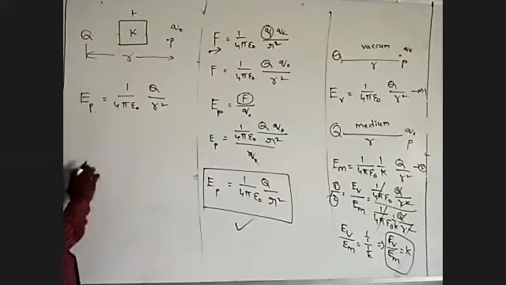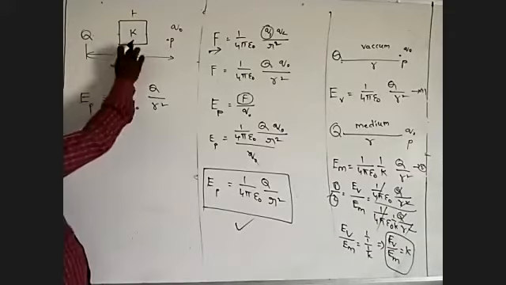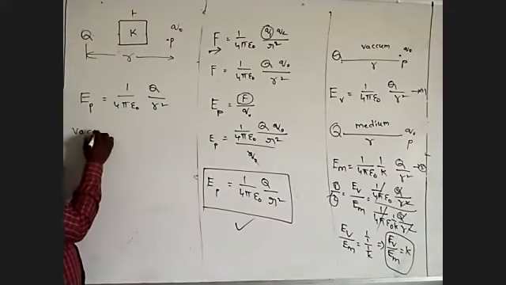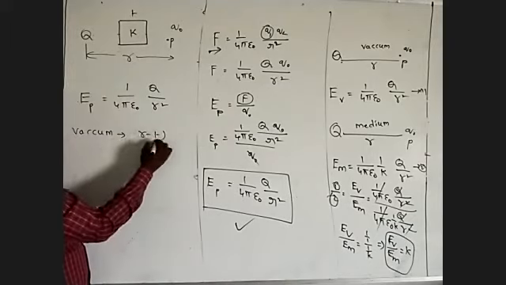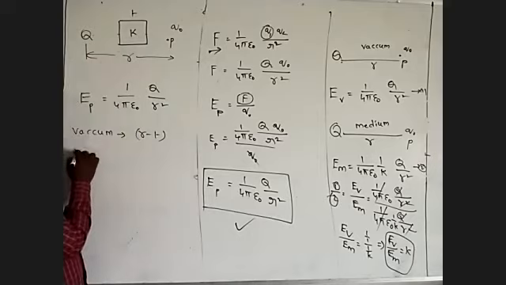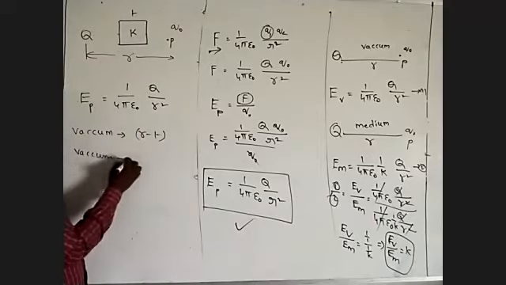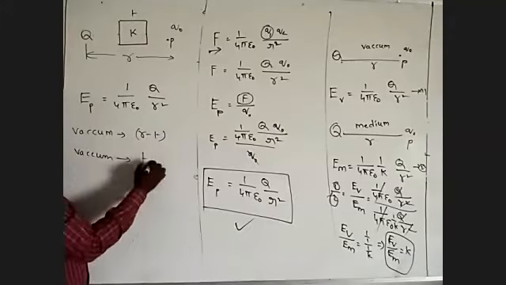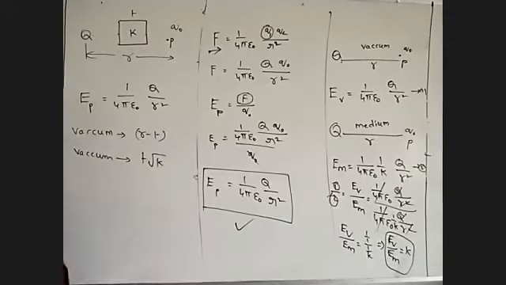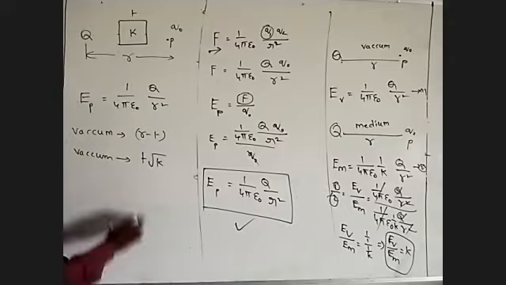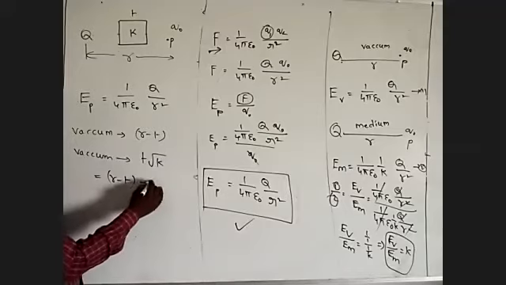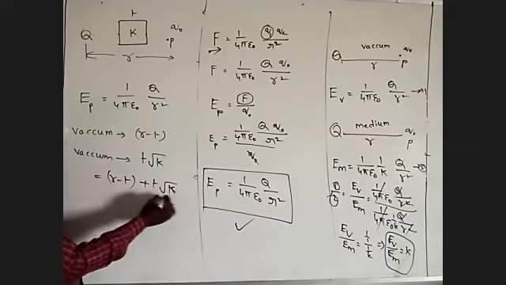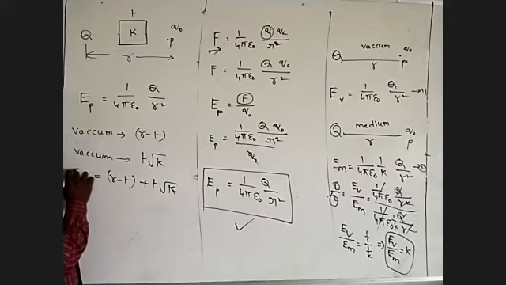But here, the vacuum part means R minus T. In the other part, the effective vacuum distance is equal to T into root K. I already explained this. So the total effective vacuum distance is R minus T plus T root K.